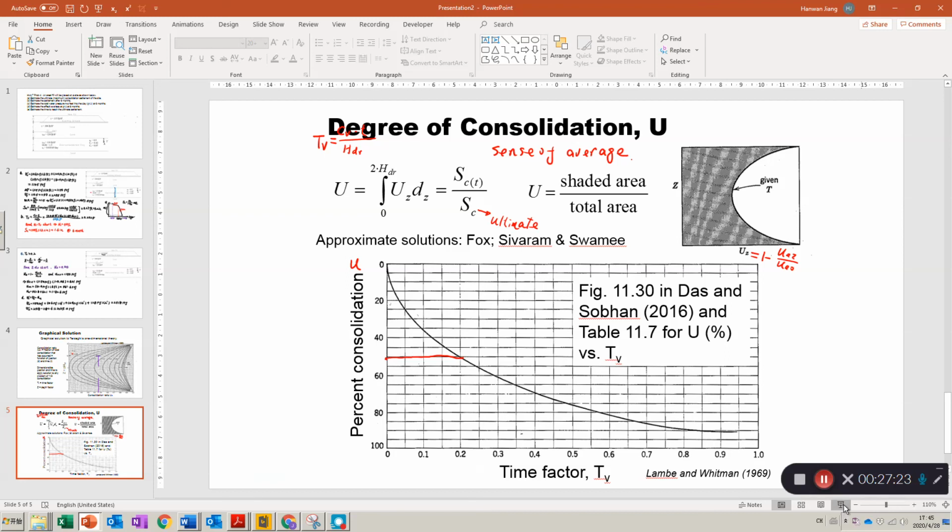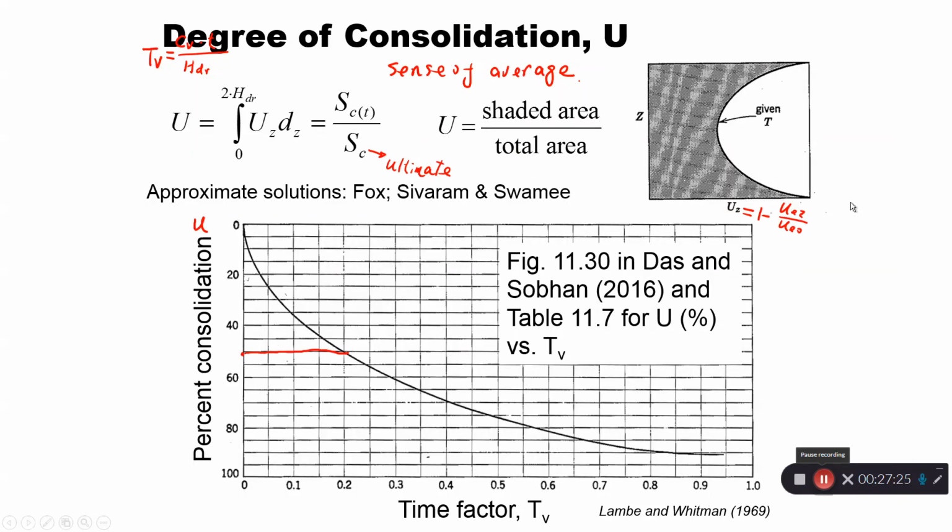Typically we assume that when U equals 90%, consolidation is regarded as completed. So very commonly, when U equals 90%, the typical T sub V equals 0.848.